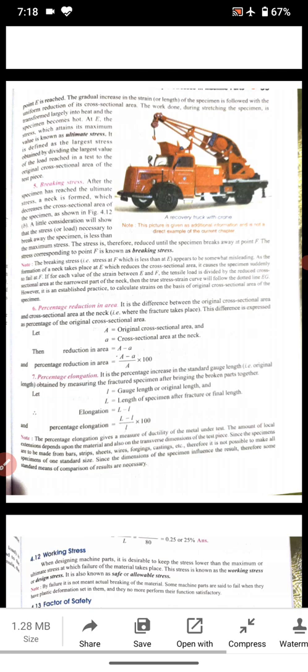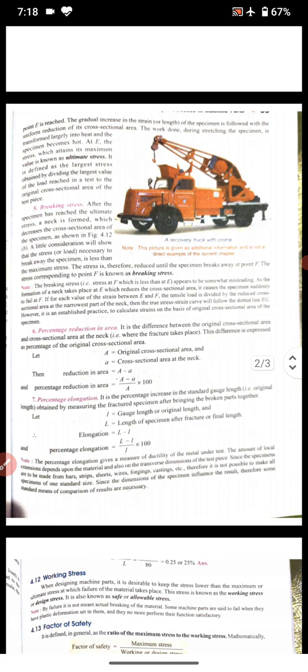Let capital A be the original cross section area, that is before you apply the load, and small a be the cross section area at the neck, that is after the breaking of the specimen.